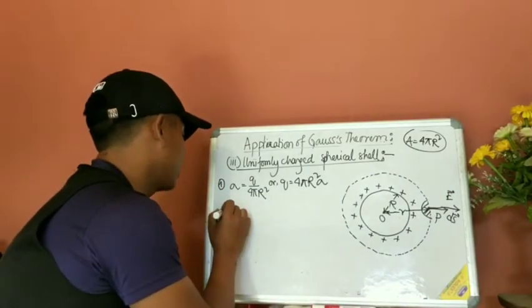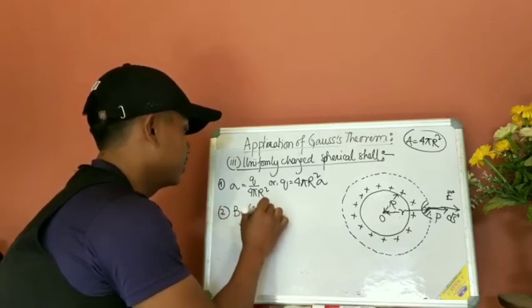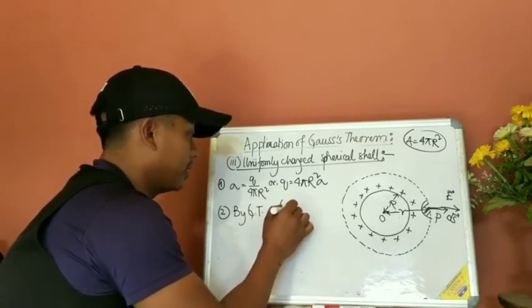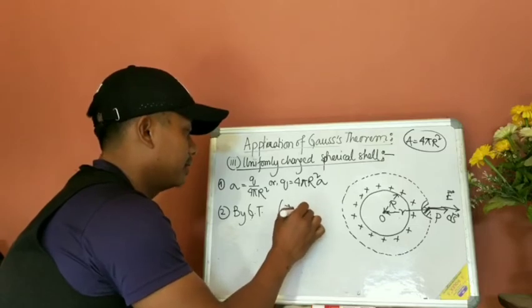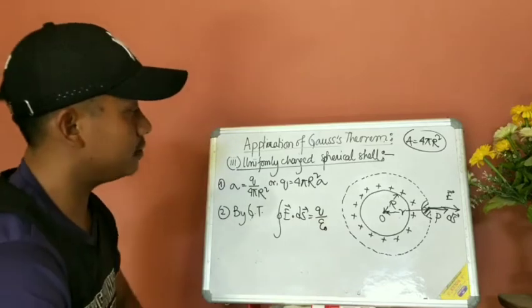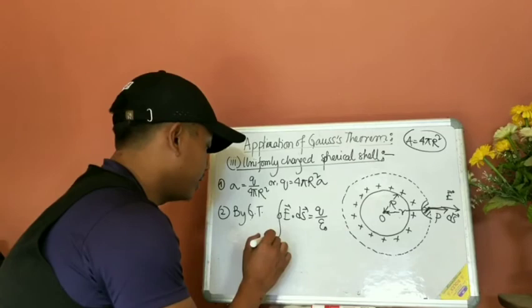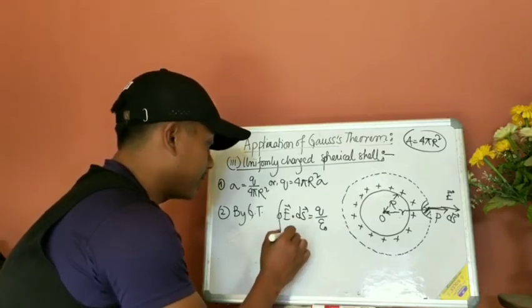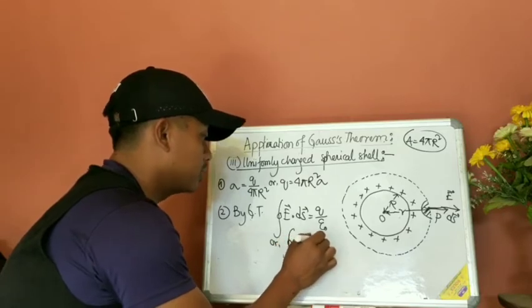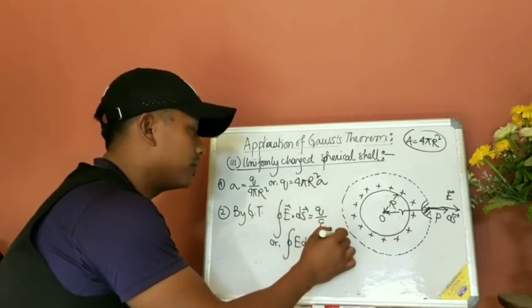By Gauss theorem, closed integral of E vector dot ds vector is equal to q by epsilon naught. This is the integral form of Gauss's theorem. Then let us expand the dot product: E ds cos 0, and let the q remain there.